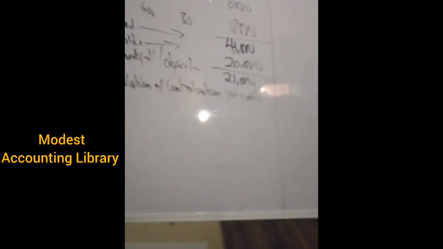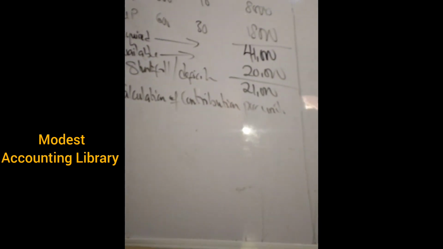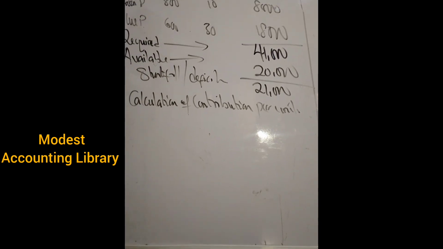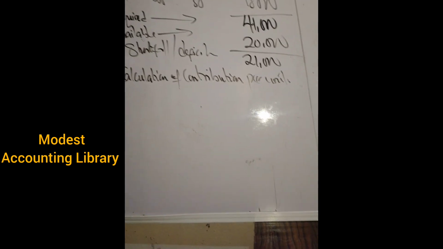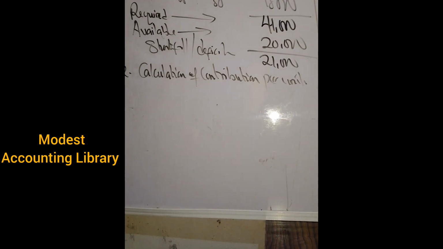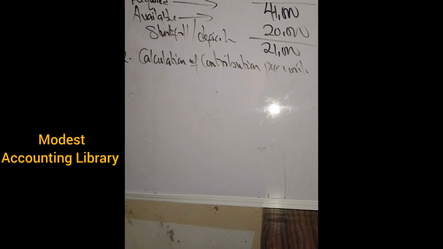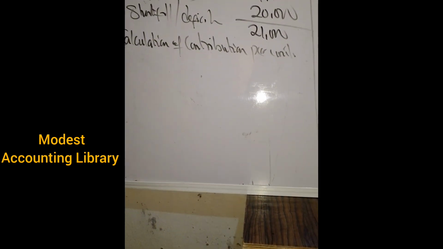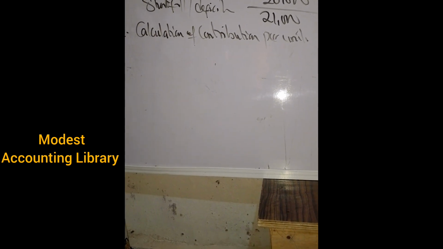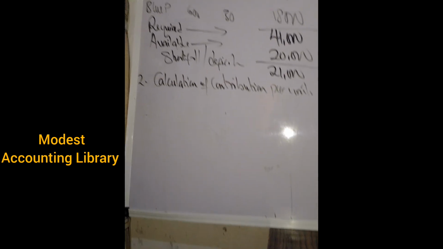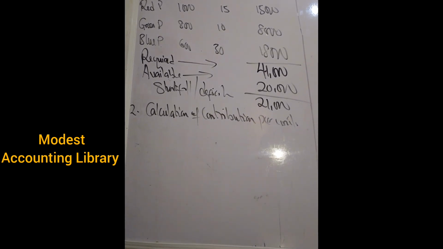Contribution itself is selling price minus variable cost. Then per unit, it is selling price per unit minus variable cost per unit. But we have been given the contribution per unit. So to calculate the contribution per hour, we are going to use the contribution per unit to divide the hours per unit.